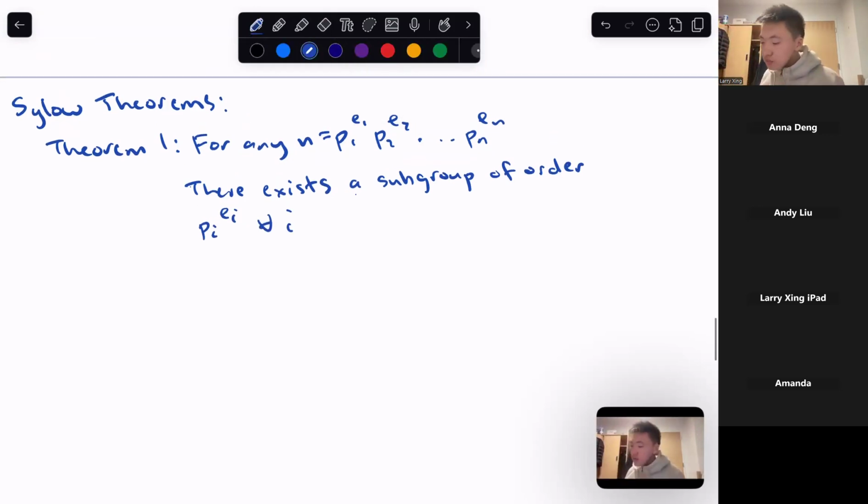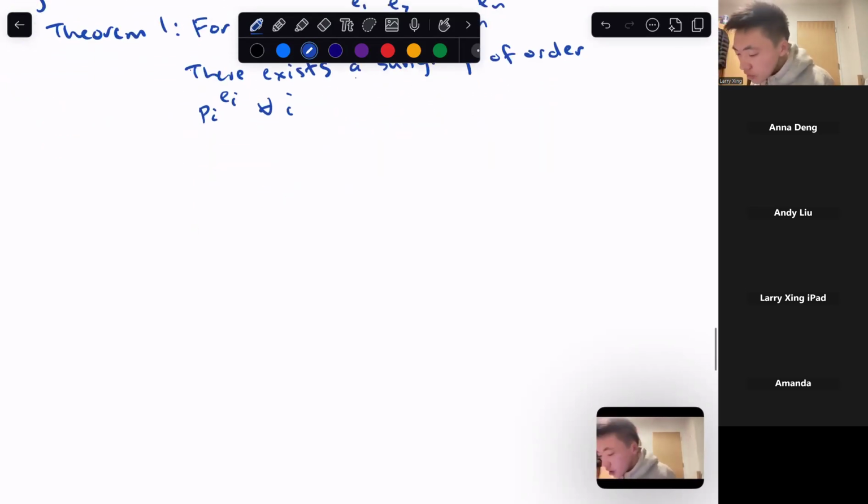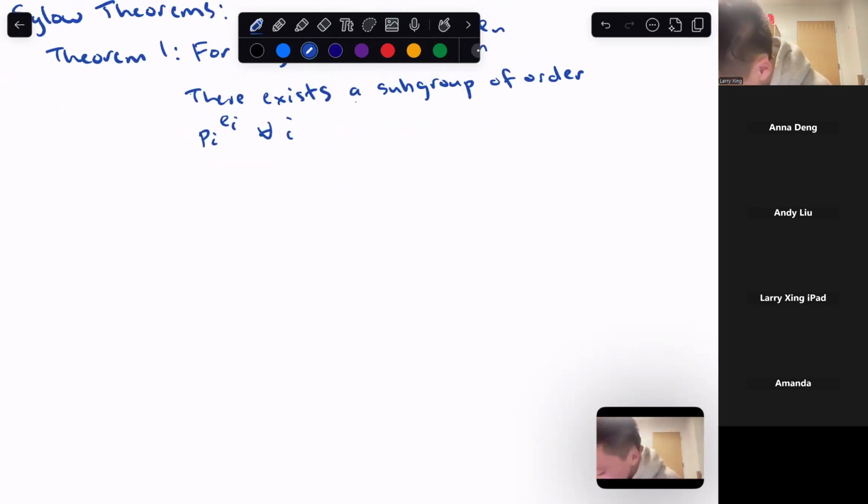And this is not completely obvious, but it's also pretty trivial if you think about any group of order n, then it makes sense that there should exist this kind of group, although the proof is a little bit more involved.